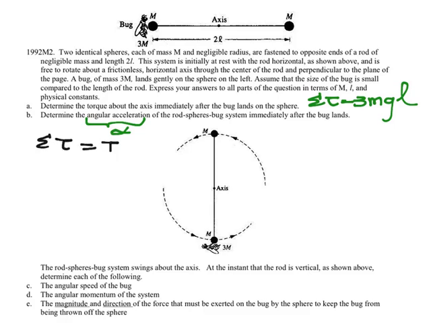Remember that this is our analog of sigma F equals ma. We have the total torque, which we know is going to be 3mgL. What we have to find before we can calculate alpha is the moment of inertia of this system.